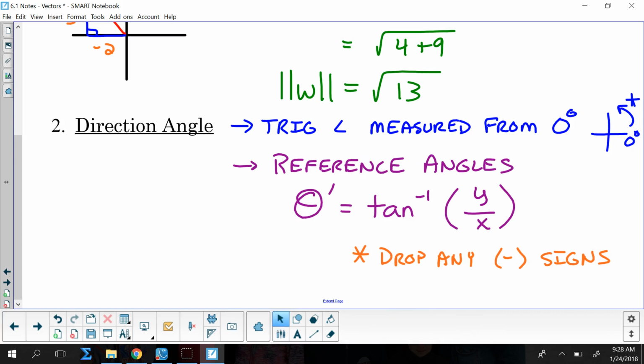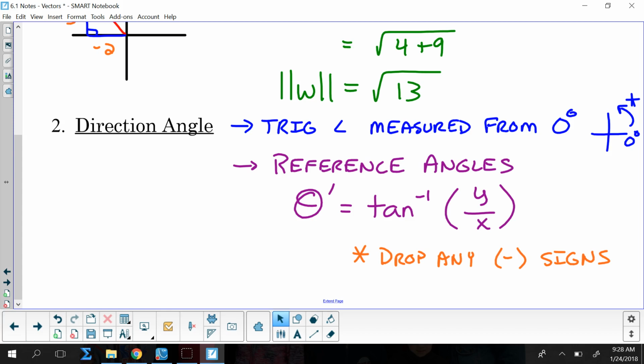Okay? Because we need that to be a positive acute angle. That's going to give us our acute reference angle.